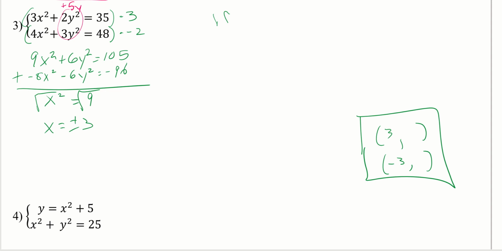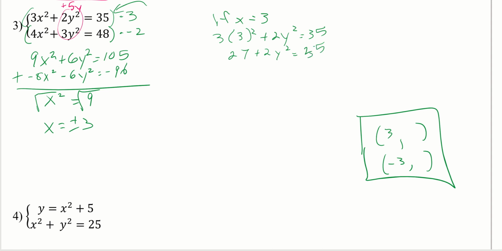But if I said, okay, if x is equal to 3, I might use the top one just because it's a little bit smaller. So 3 times 3 squared plus 2y squared is equal to 35. So 3 squared is 9 times 3, so 27 plus 2y squared is equal to 35.